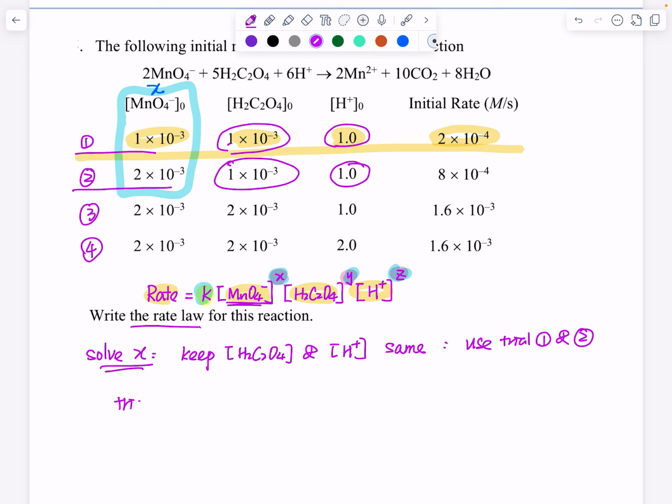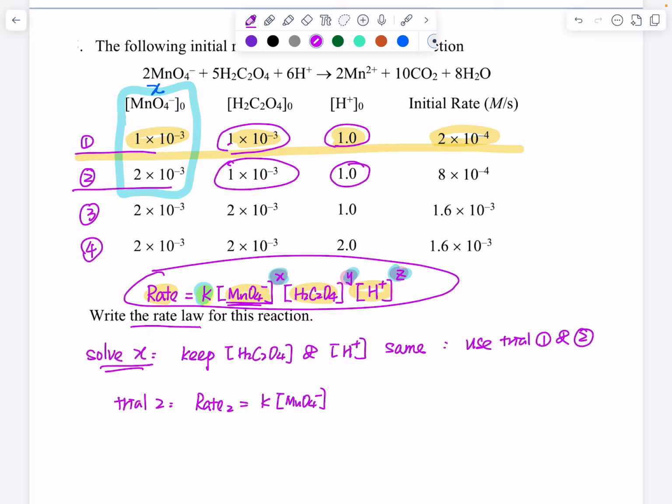Based on trial 2, according to the rate law, we can write the rate equals K multiplied by Mn, multiplied by H2C2O4 raised to the power Y, multiplied by the third concentration raised to the power Z. This information all comes from the second trial.